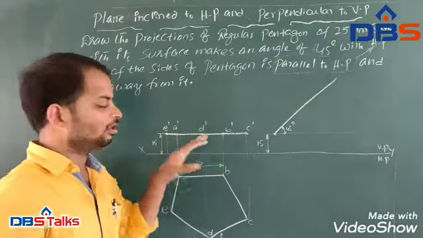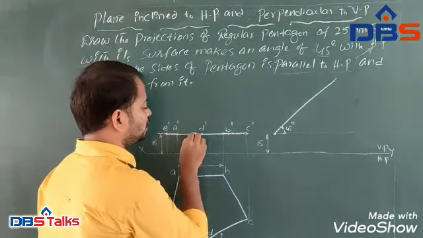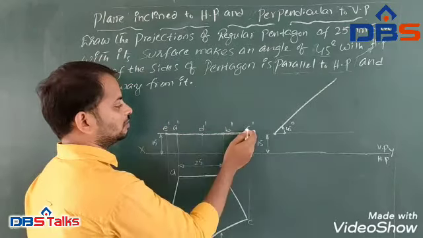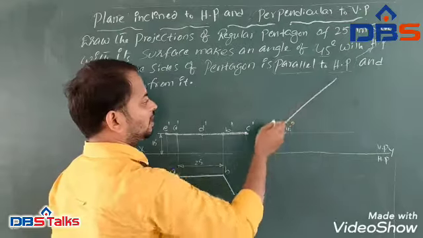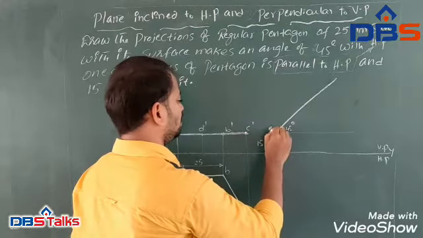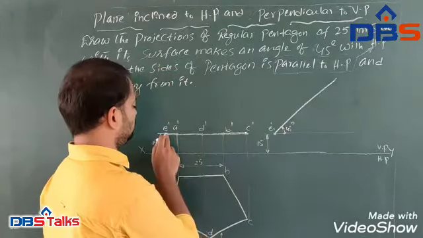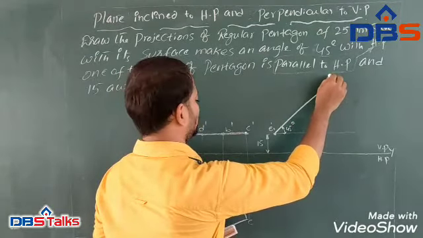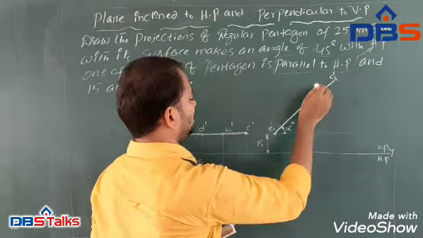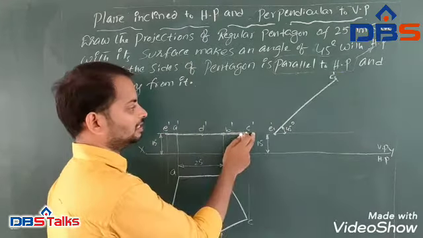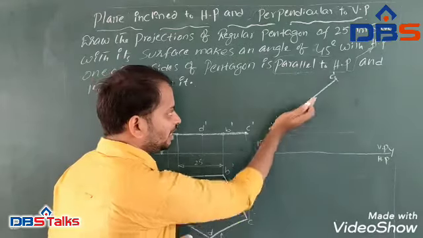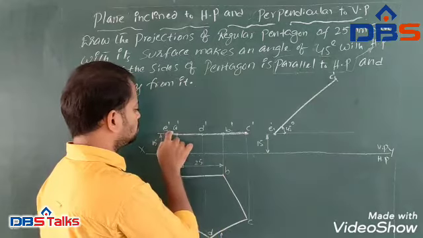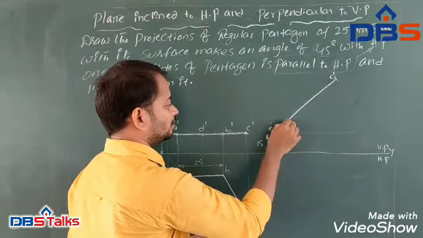Whatever the length of E dash to C dash, the same thing is represented here by measuring the length. E dash to C dash, just by scale you mention the length of E dash C dash. That is to be represented here by an angle of 45 degrees. Then E dash to A dash, mark it.